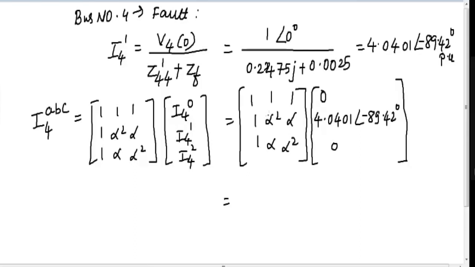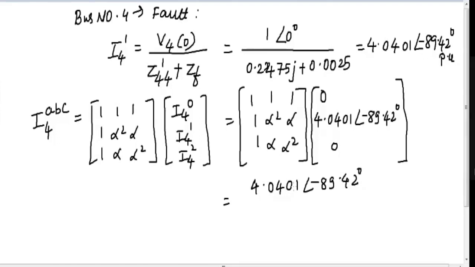When you solve this, the first component you will get is 1 multiplied by 0 plus 1 multiplied by 4.0401 at an angle minus 89.42 plus 1 multiplied by 0. So the first term will be as it is, that is 4.0401 at an angle minus 89.42 degree. Then what about the second term?